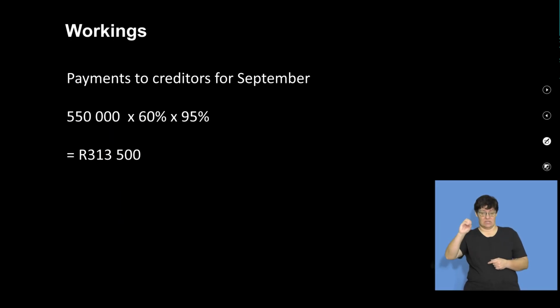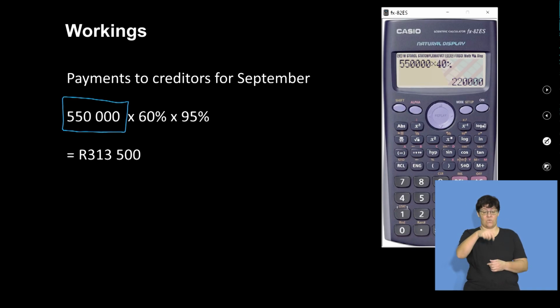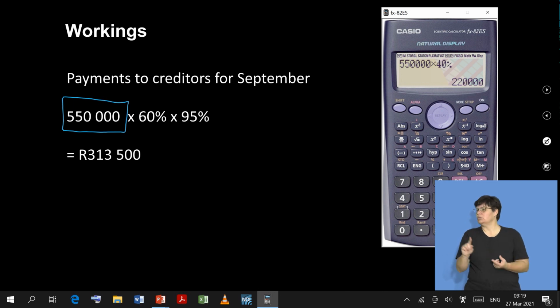Here we go. Take your total purchases figure of 550,000, and then step number 1, 550,000 is the figure that we are working with. Work out your credit component. What percentage was bought on credit?